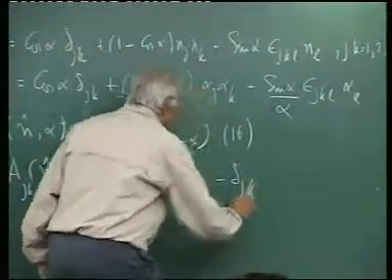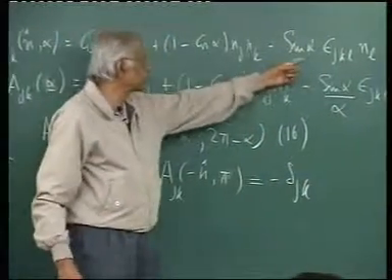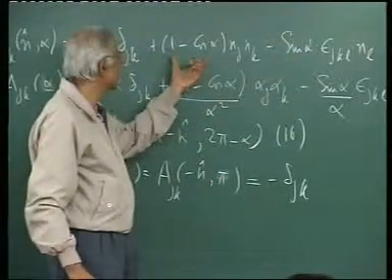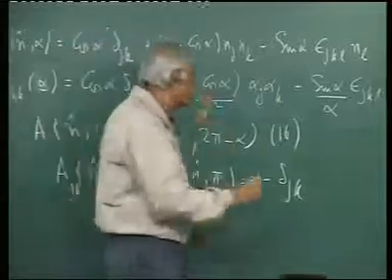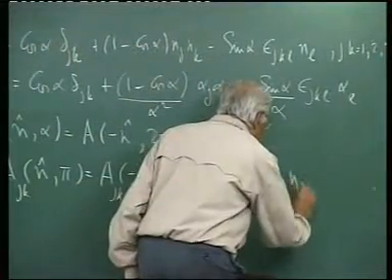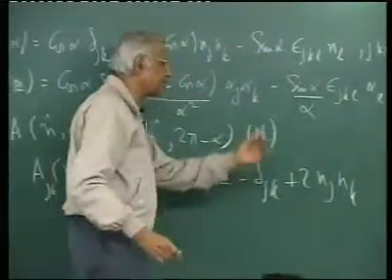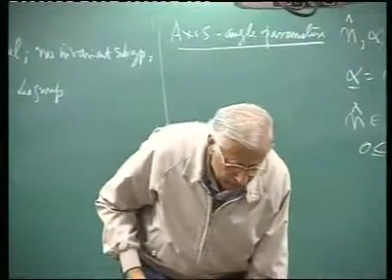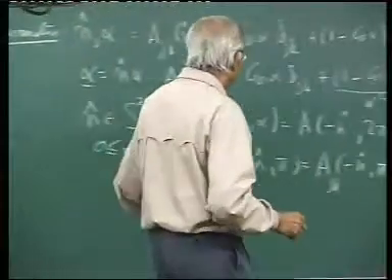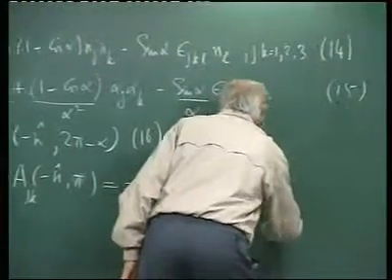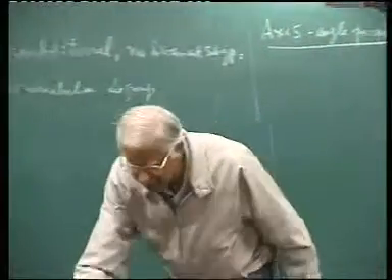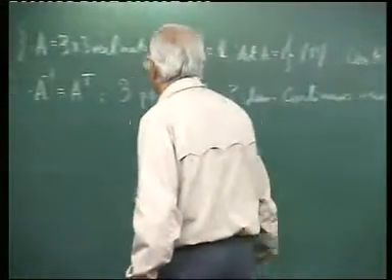Yes. This term, does it stay or go? This goes, this goes. And this one? Plus 2 nj nk. And you see it is quadratic in n, which is exactly what you said, that the two are the same. So here is a very delicate problem.